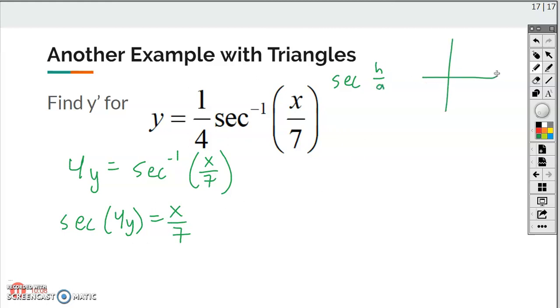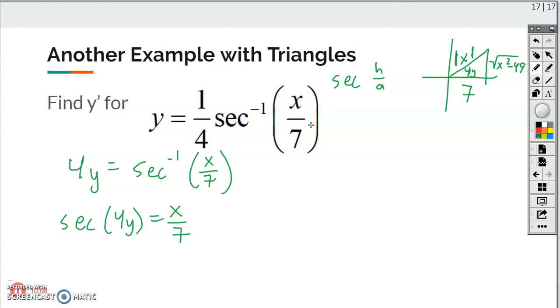So I need to draw a triangle that has a hypotenuse of x and an adjacent of 7. Now keep in mind, the hypotenuse is always positive, so we want it to be the absolute value of x. And then over here, by the Pythagorean theorem, we can do x squared minus 7 squared, which is 49. This time the angle is 4y as opposed to just y.